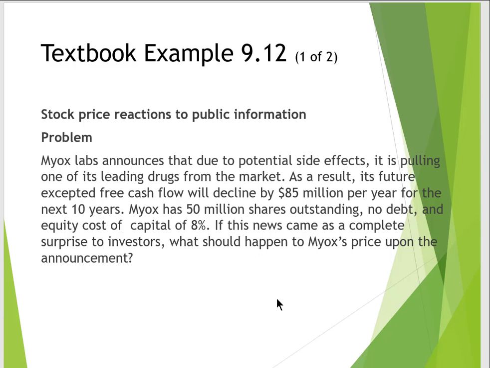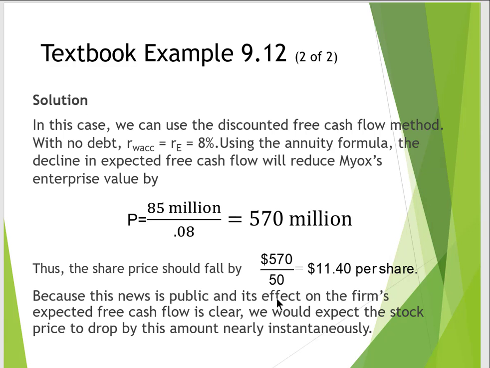If this news came as a complete surprise to investors, what would happen to this company's stock price? If we use the discounted free cash flow method, 85 million divided by 0.08, that's the cost of equity here. It has no debt, so the value is 570 million.